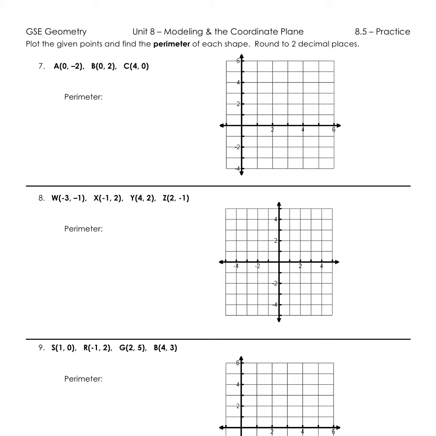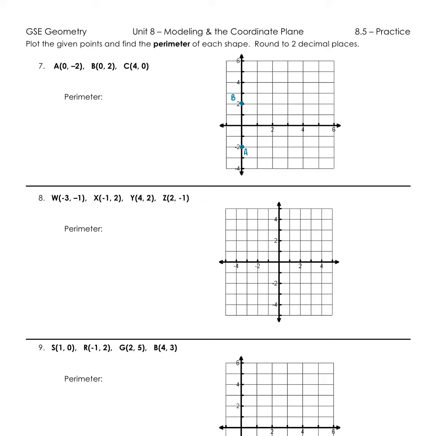So when I look at number 7, it gives me 3 points. A is at 0, negative 2. B is at 0, 2.